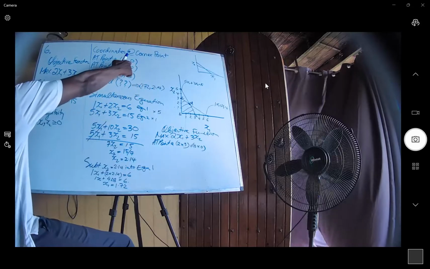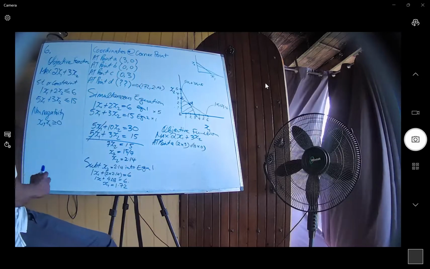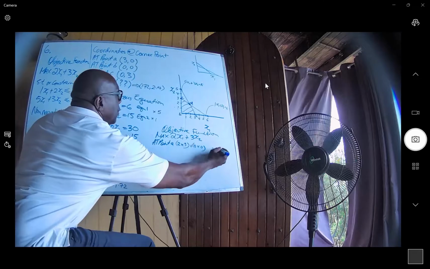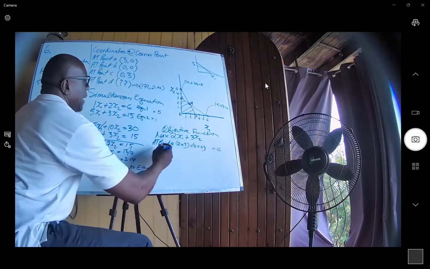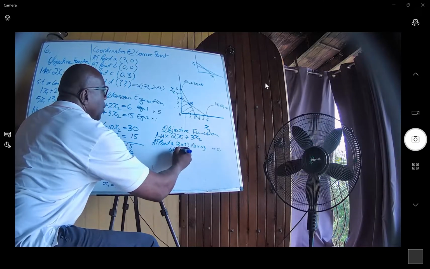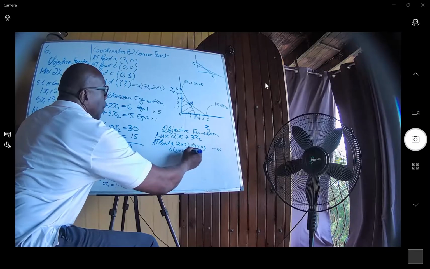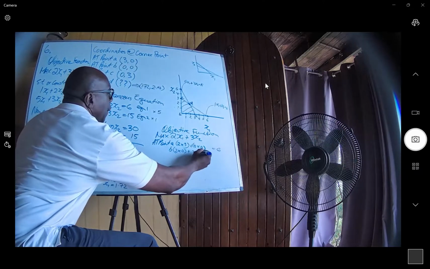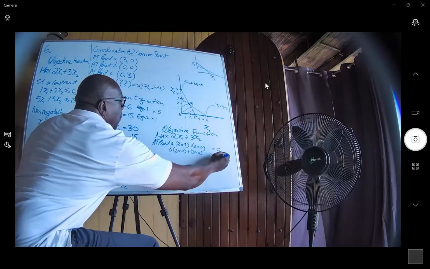Because remember, x2 is 0 at point A, right? And this will give you, what this gives you? 6. At point B, it's going to be 2 times 0 plus 3 times 0. So that's giving me 0.